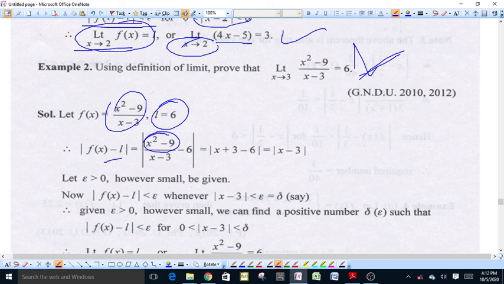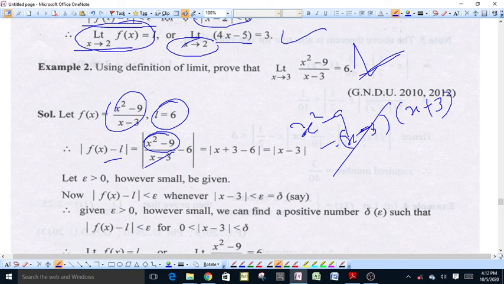If we factorize x square minus 9, it will be equal to x minus 3 into x plus 3. This factor x minus 3 cancels out with the denominator x minus 3, then we are left with x plus 3 minus 6, which comes out to be x minus 3.